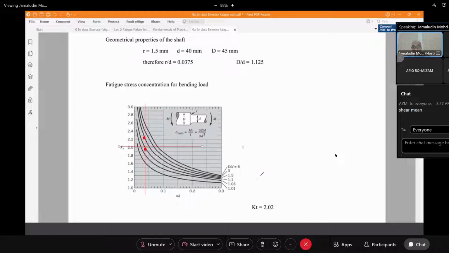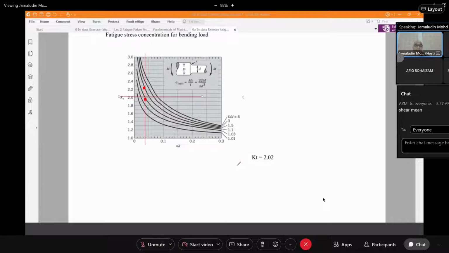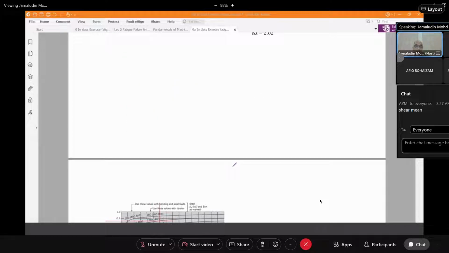You may get different answers because your visual interpretation may be different, but not too far away from this. For example, you might get 2.0 or 2.03, that's fine, or 2.01, but not 1.5 or 1.8. That would be too low. This will be the KT, the static stress factor.